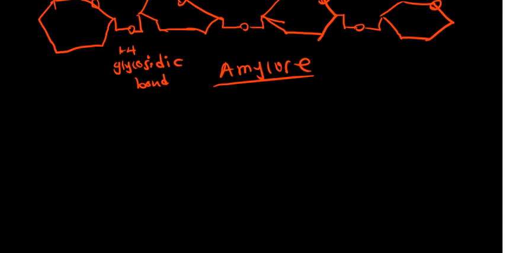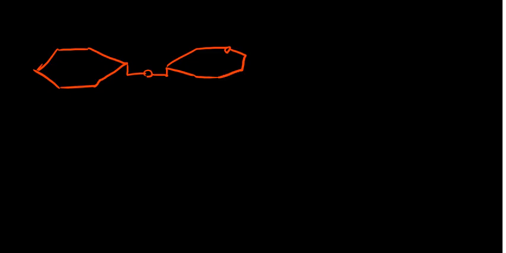So let's look at the other one now, the structure of amylopectin. We've seen that the structure of amylose is a straight chain. So for amylopectin we have, let's say, this is maltose.